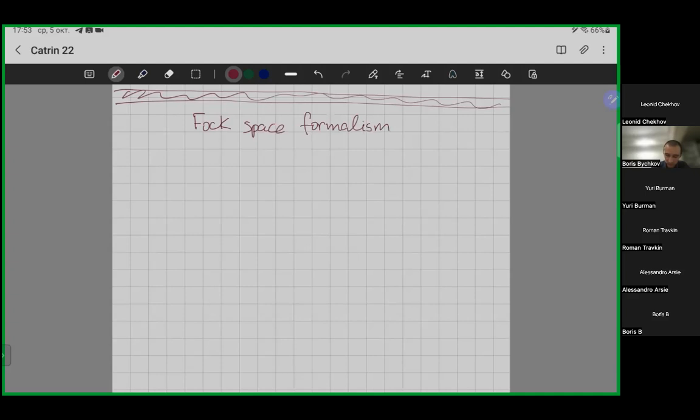Now I'm going to generalize a bit the setup of simple Hurwitz numbers and introduce the Fock space formalism, which is also very useful. In fact, this part should be part 2 in my plan, which was at the beginning. In a general setup, I will say Hurwitz numbers, but it's some generalized Hurwitz numbers.